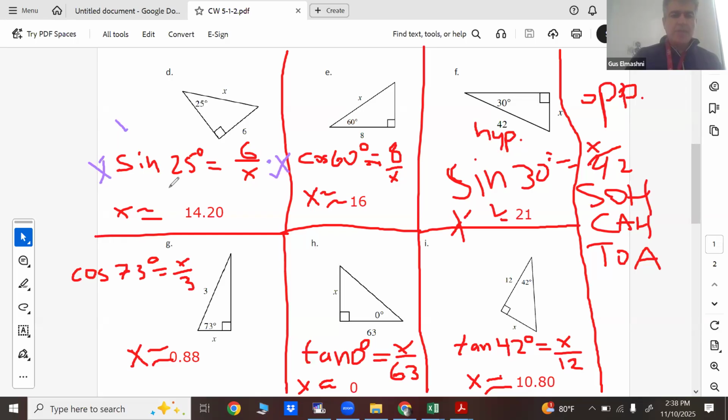Then you have to divide by sine 25, so x equals 6 over sine 25. And then that's your answer after you get that. That's 14.2.